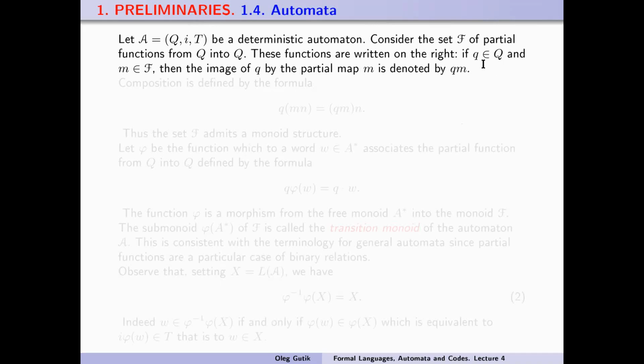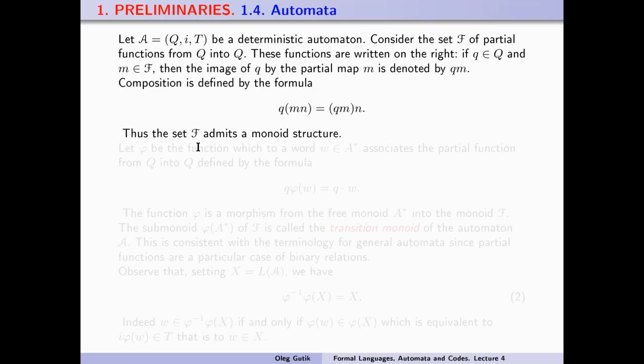If Q is a state and M is a function, then the image of Q by the map M we shall denote by Q M. Composition is defined by the following formula. First we calculate the image of Q by M, then the image of this by N.